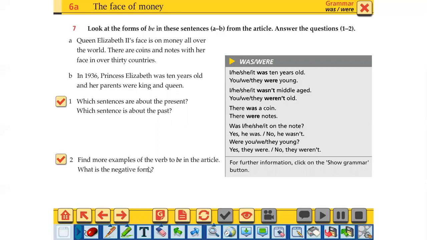And find more examples for the verb to be in the article. Negative form. That's all. Next.